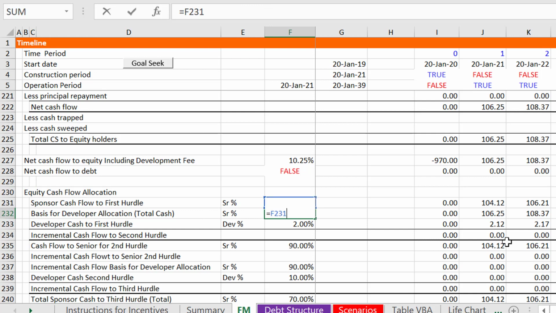And then we're going to do something almost like this whole basis business where we use the senior tranche, and then we said, well, how much was the basis for the developer? And the reason, again, we needed this, I'm repeating myself, is to get that last period correct. So the incremental amount from the senior was this, or for the developer, is this one divided by this.